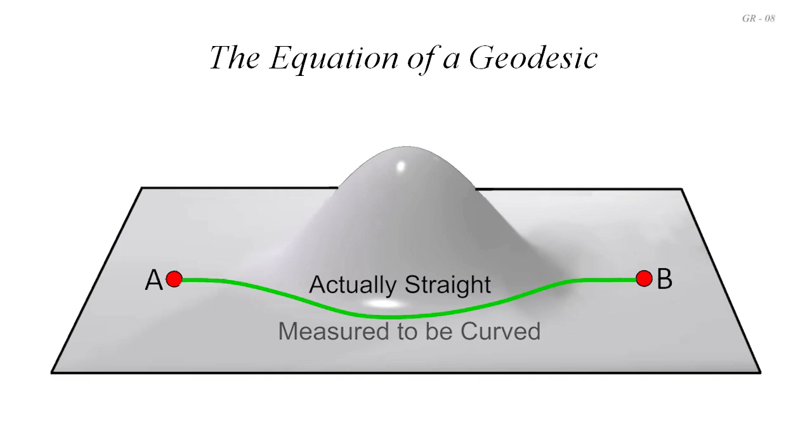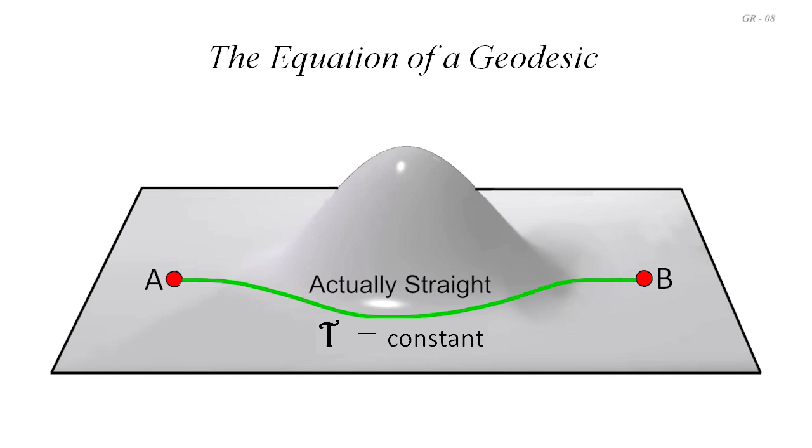This requirement of actual straightness means that the tangent vector of the geodesic must not change as you move along the trajectory. The tangent vector must remain constant on a geodesic, because only then can an object travelling on that geodesic be said to be tracing out the most direct route from one point to another.